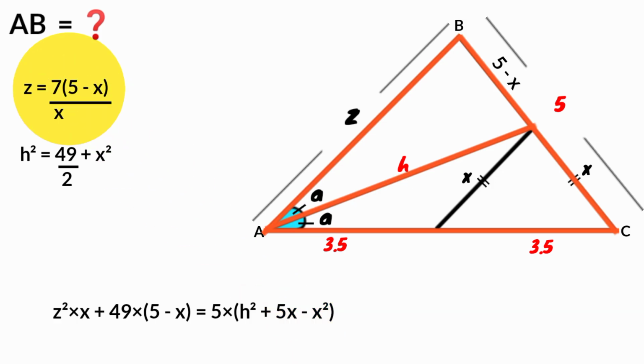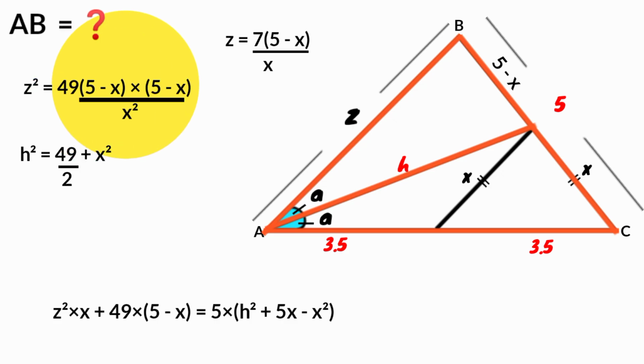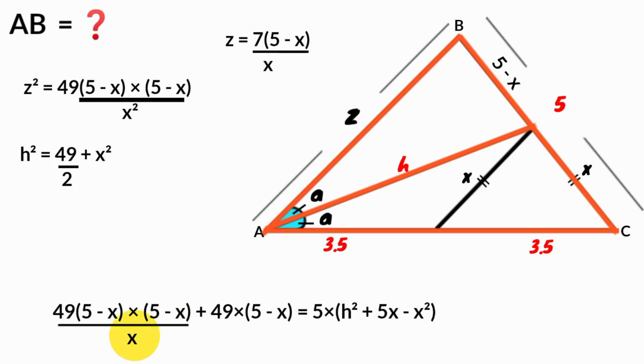Back to this equation, z equal to 7 into bracket 5 minus x all over x. Square both sides. Here 7 into bracket 5 minus x all over x all squared is 49 times 5 minus x times 5 minus x all over x squared. Replace this with 49 times 5 minus x times 5 minus x all over x squared. This x squared divided by this x is x.